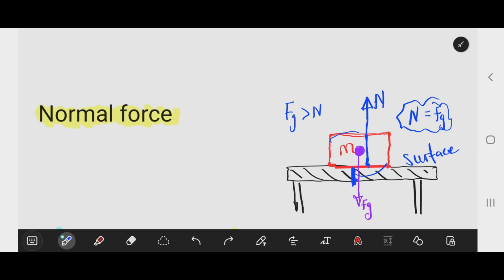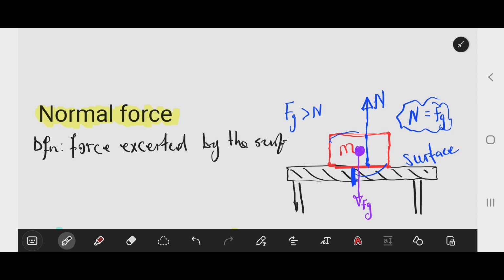Okay, so by definition, what is a normal force? A normal force is a force which is exerted by the surface on an object. But for the table to exert a force on this object, the object and the table must be in contact.